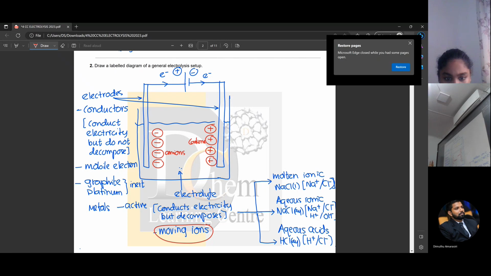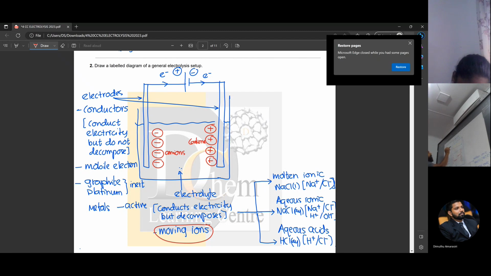That's how you remember. I can see most of you remember electrolysis in a different way. You study that the positive electrode is the anode. That's okay. But the best way to study is this.